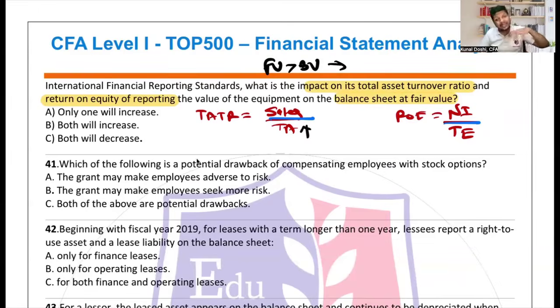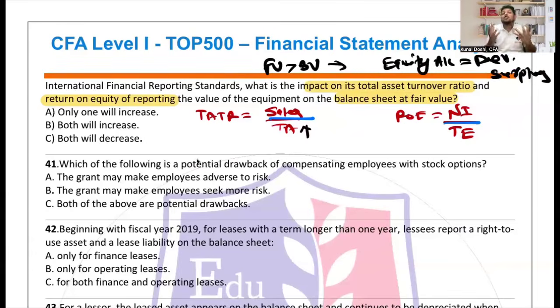It is directly recorded in the equity account called revaluation surplus. Now, many students don't know this because they have not put it in the notes. It's all in the prerequisite. So I have pulled out what they are going to probably ask, or what they ask in their notes or questions.